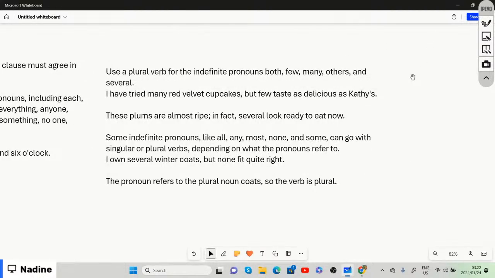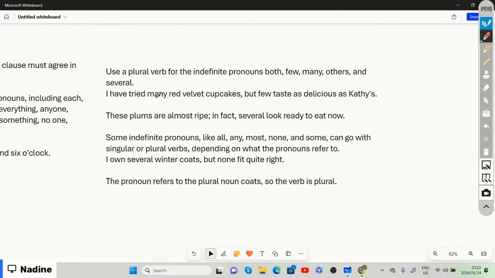And we use a plural verb for the indefinite pronouns both, few, many, others, as well as several. For example, I have tried many.